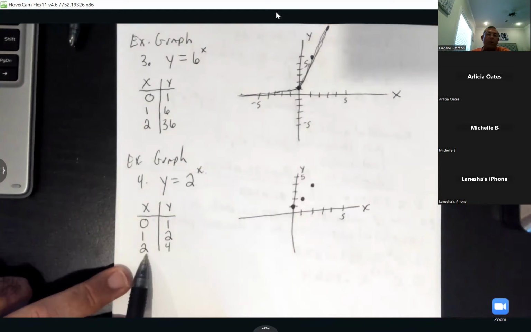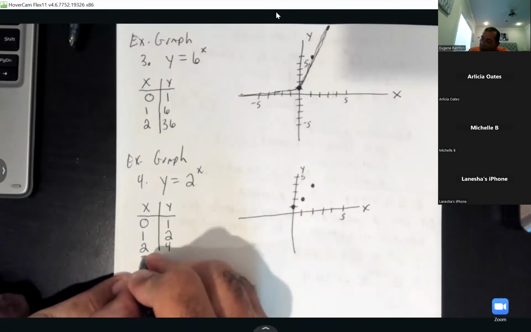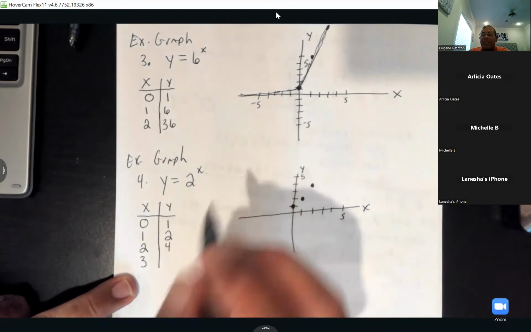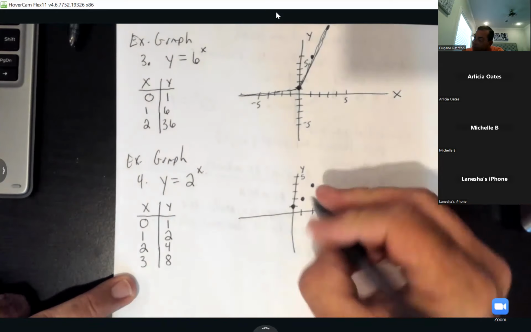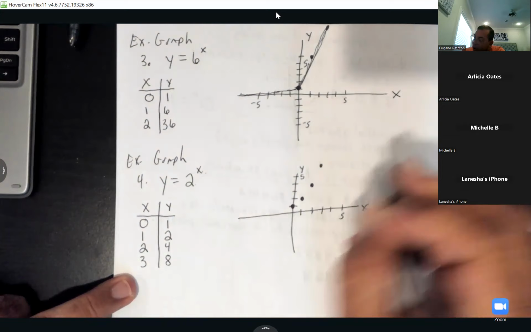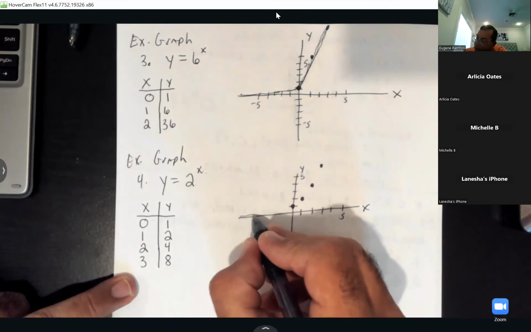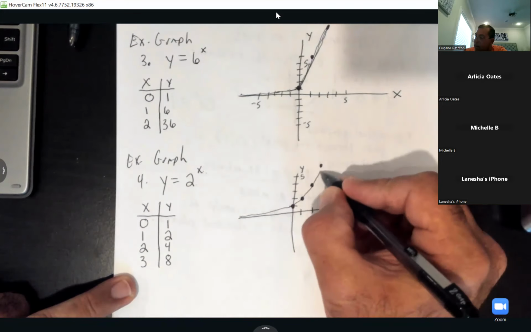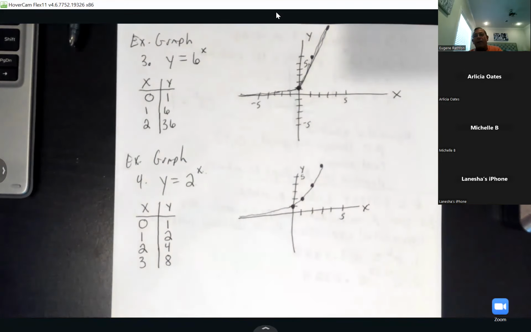This is sort of what COVID was doing. It was doubling every so often. Now a 3 in here, 2 to the third, 2 times 2 times 2 is 8. So at 3, I'm already up here at 8. But y'all, you can see it's coming in. Goes through 0, 1. And it starts increasing.